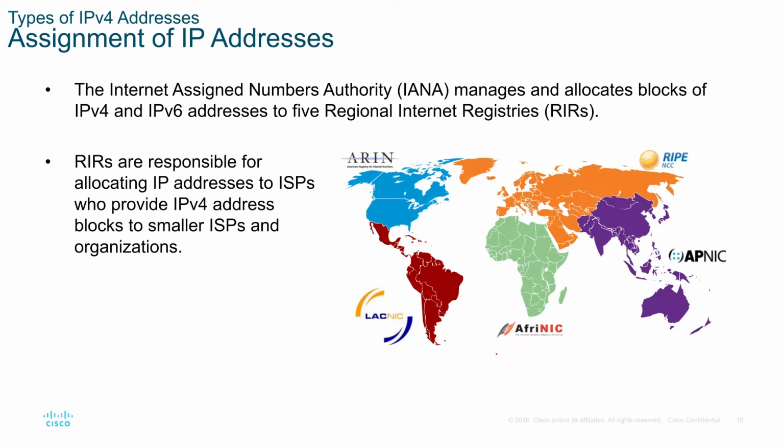In North America, it's ARIN, the American Registry for Internet Numbers. In South America, it would be LACNIC. The African continent would be AFRINIC. Asia, APNIC, and Europe, including Greenland, would be RIPE.